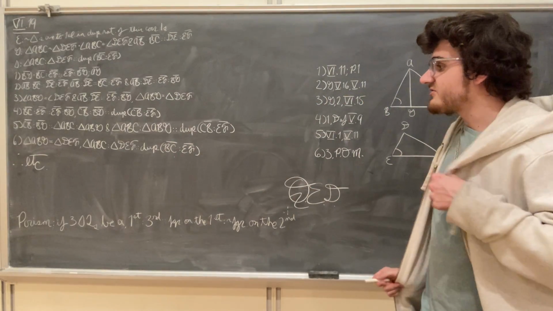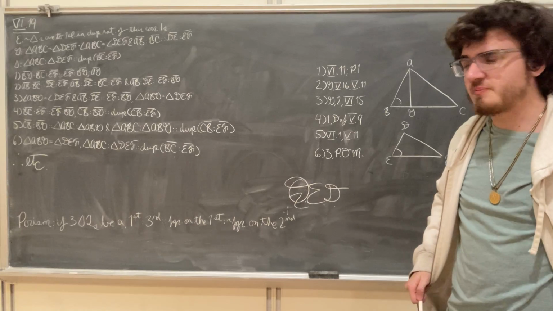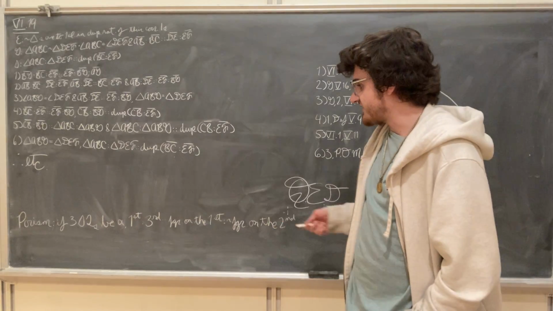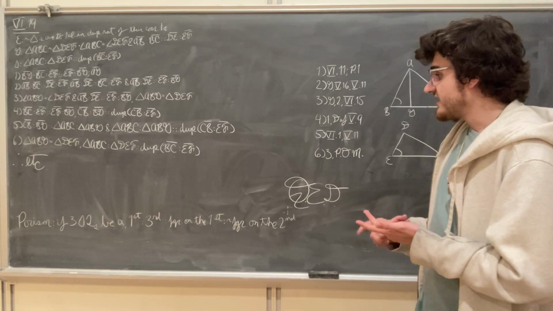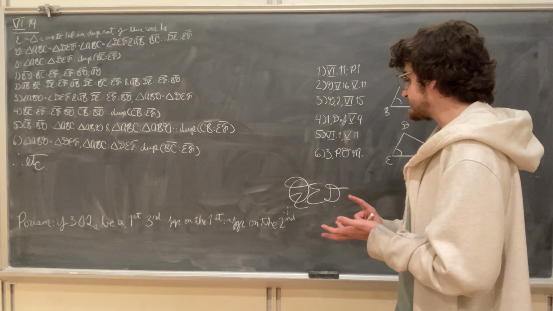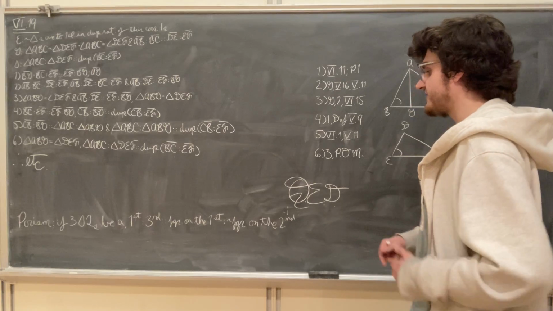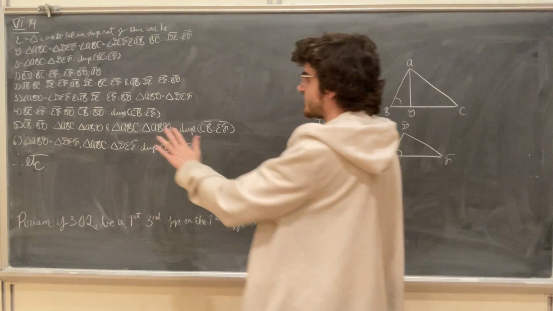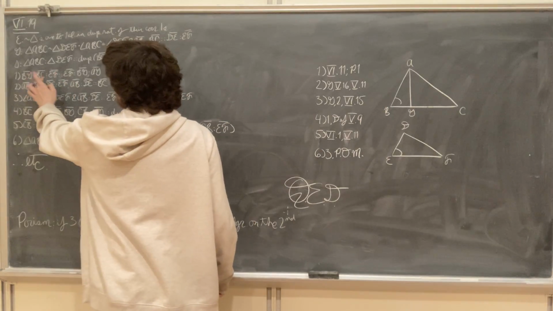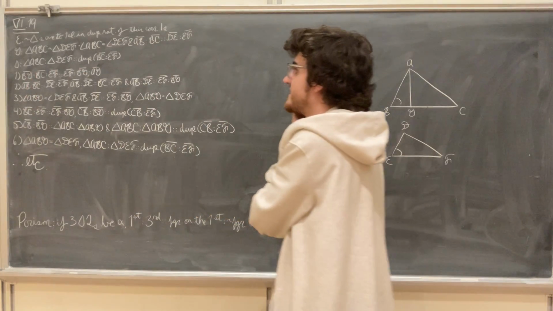Now there is a porism appended to this proposition that says that if three straight lines be proportional, the first straight line is to the third straight line, just as the figure on the first is to the similar figure on the second. How we discover that is we have this proportion here that BC is to EF, just as EF is to BG.